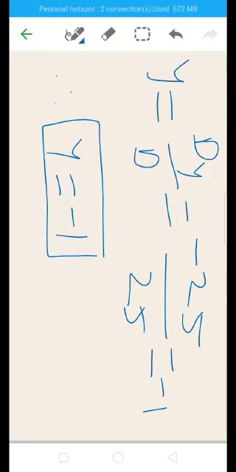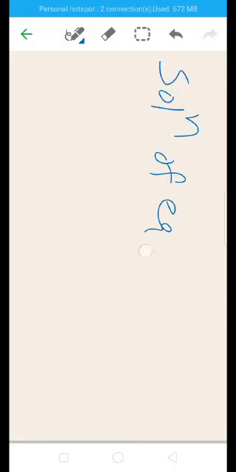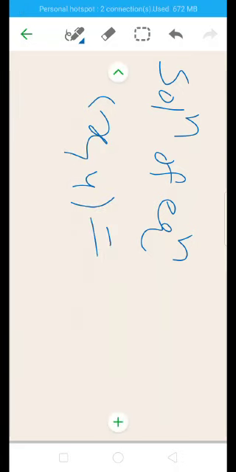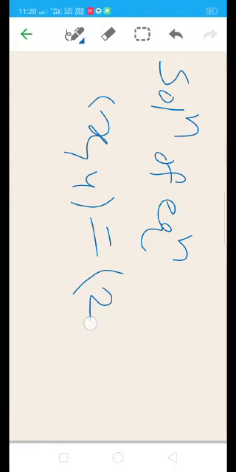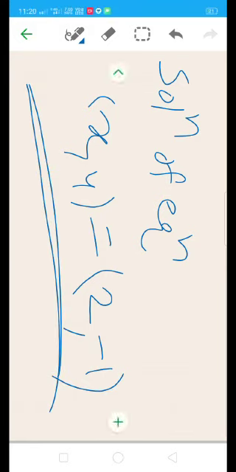So finally we will write both values, that is the solution of the equation: x comma y is equal to, what is the value of x? It is 2. And what is the value of y? It is -1.